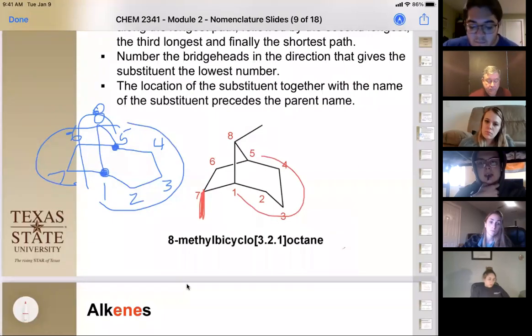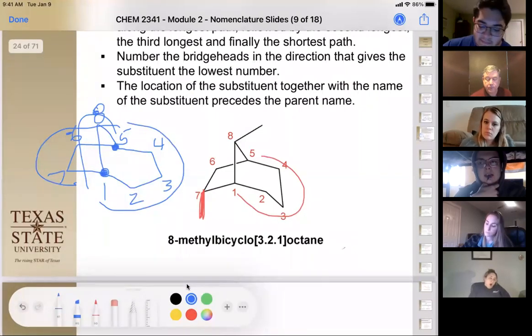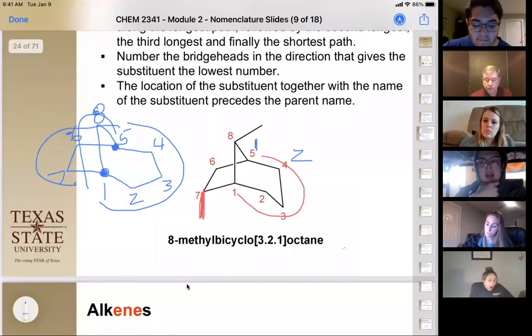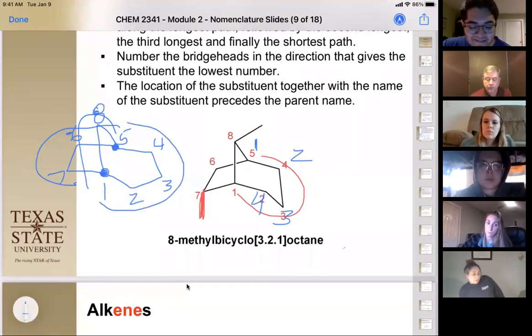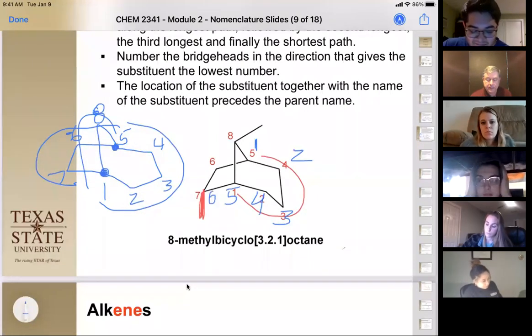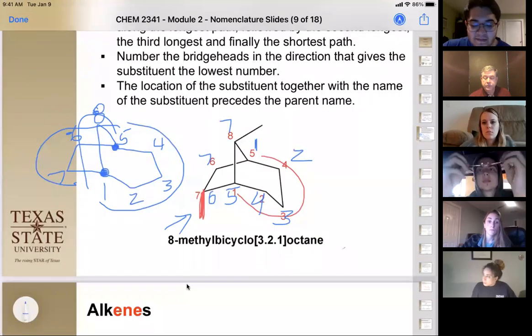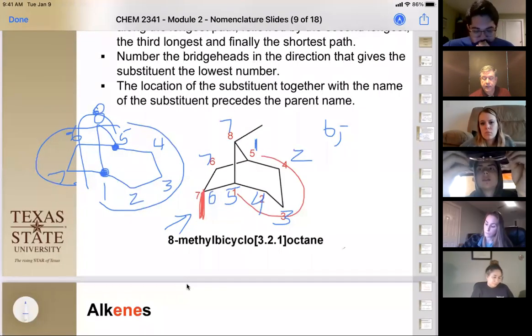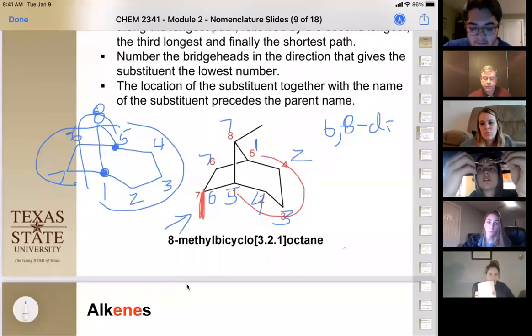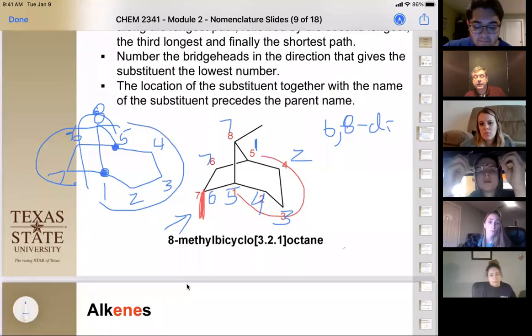However, if we changed our numbering system from 1, 2, 3, 4, 5, 6, that puts this substituent on the lowest number possible, 7, and this is still 8. So it'll be 6,8-dimethylbicyclo[3.2.1]octane.